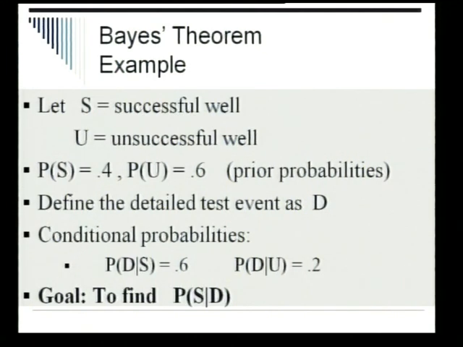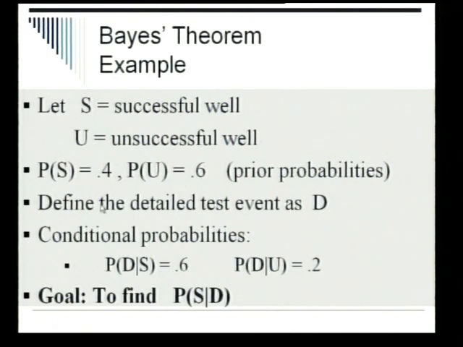So we have assumed two events, S is a successful well and U is an unsuccessful well, right? Therefore probability of S is given to you, it is equal to 0.4, 40% of the wells are successful and 60% are unsuccessful. This is known as prior probabilities, okay?